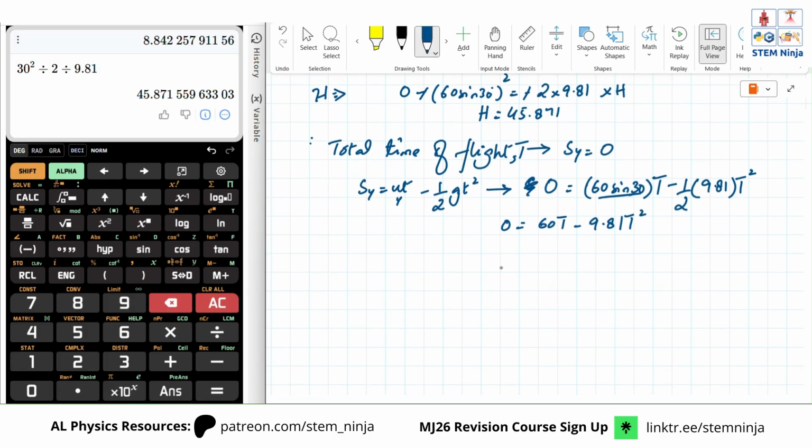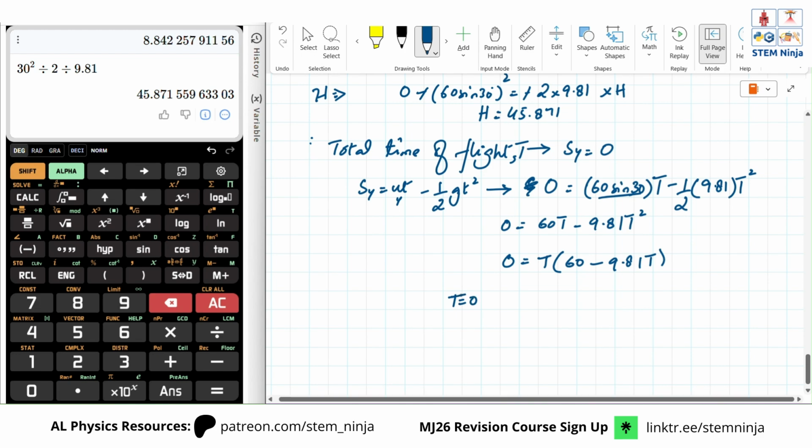This gives us a quadratic equation, but it's easily factorizable. So we can bring t outside. So one answer is t equals 0 because it's obvious. At time t equal to 0, it would be at that point.